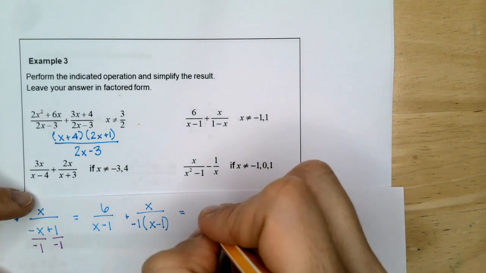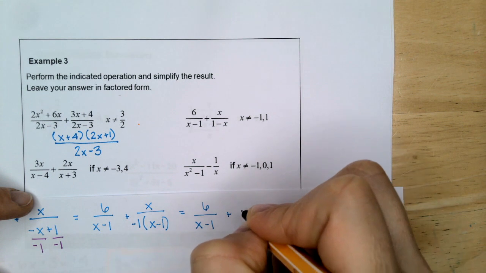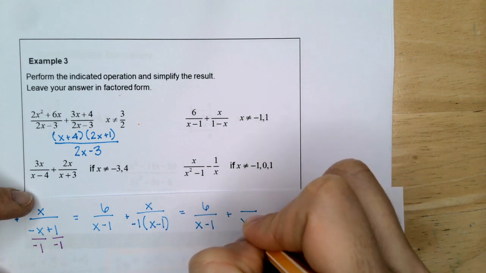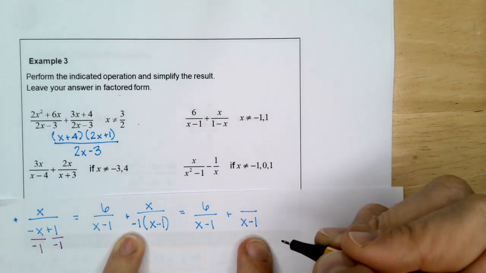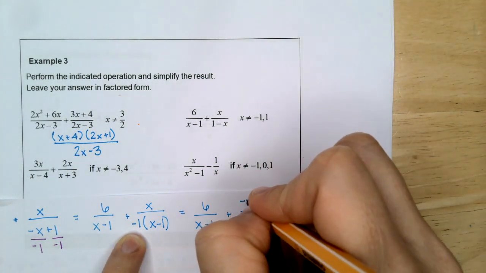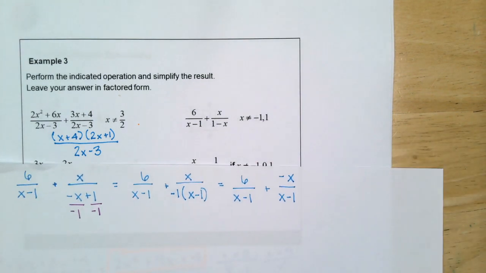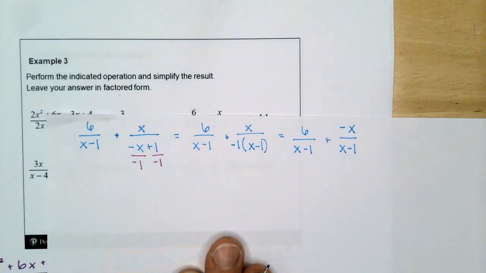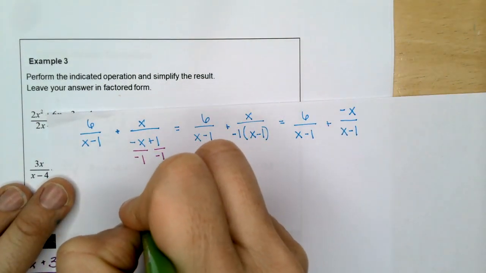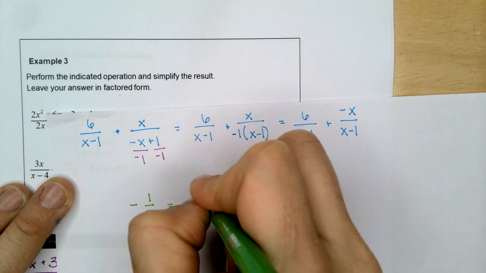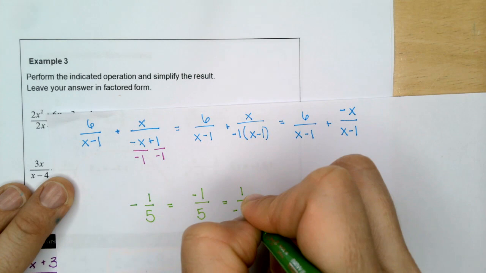Good? 6 divided by x minus 1 plus x minus 1, right? That negative sign, I'm now going to move up to the x because it doesn't matter, right? It really doesn't matter. Let me show you. Negative 1/5 is the same as negative 1 over positive 5 and is the same as 1 over a negative 5.